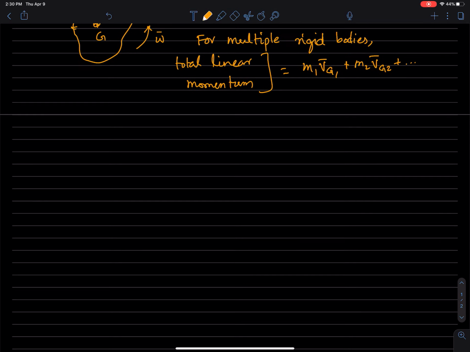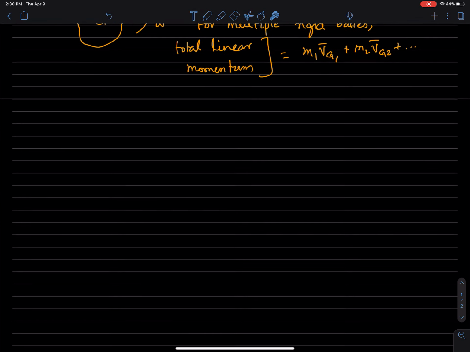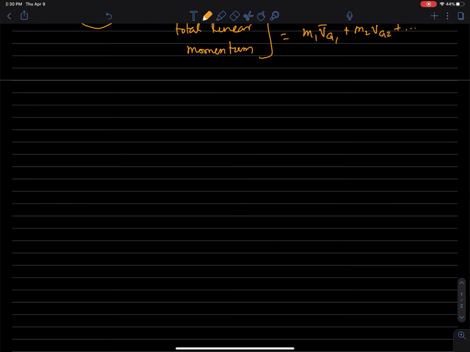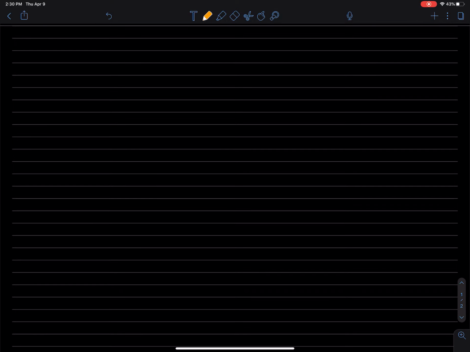Let me just recap under what conditions the sum of forces is not finite. Let me briefly recall, we discussed this in class when we were discussing particle mechanics.